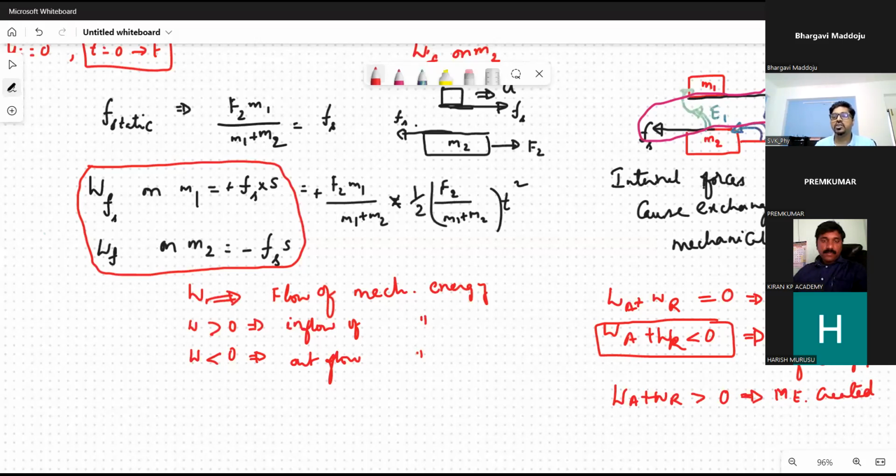Such forces are called motive forces, where chemical energy or some other form of energy is converted into mechanical energy.